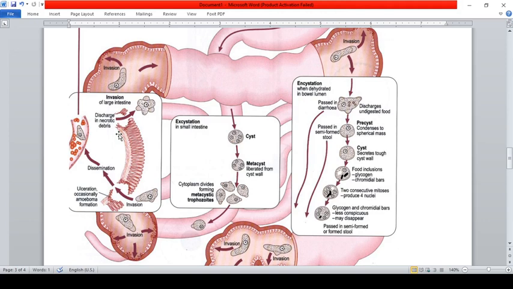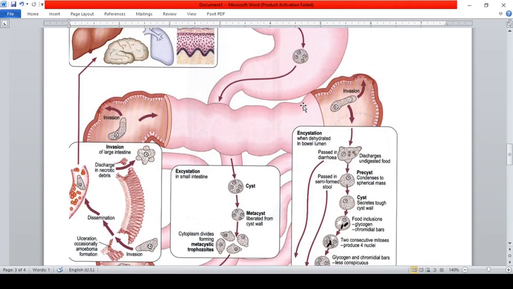Most likely, if the blood is not visible in the stool, the source of the bleeding is in the small intestine.